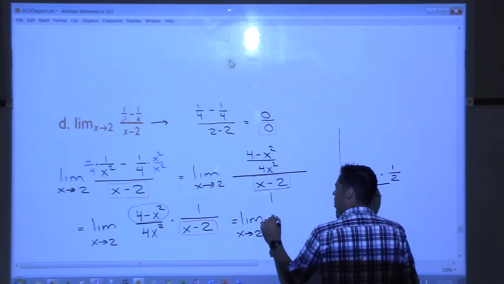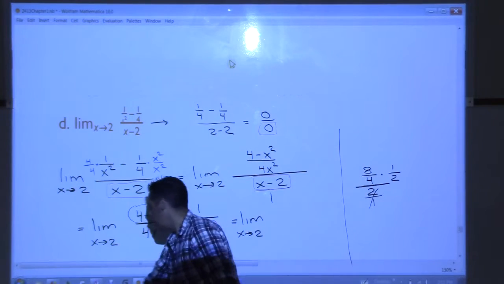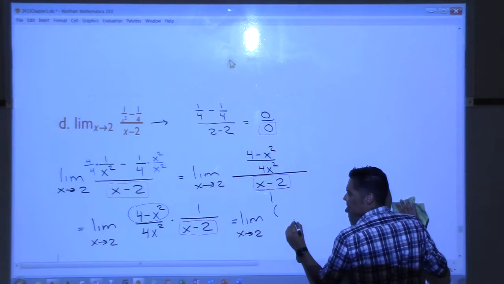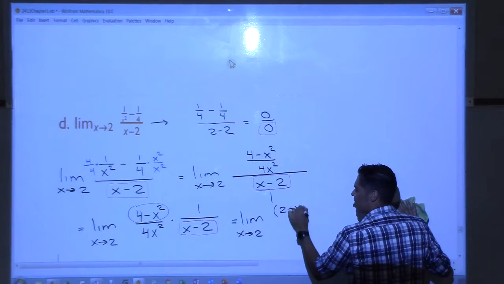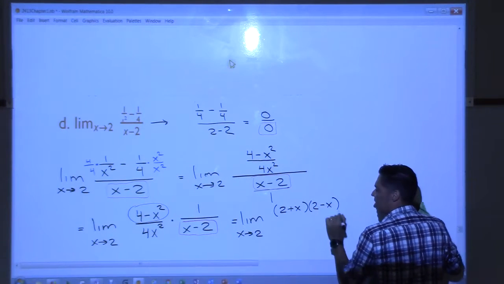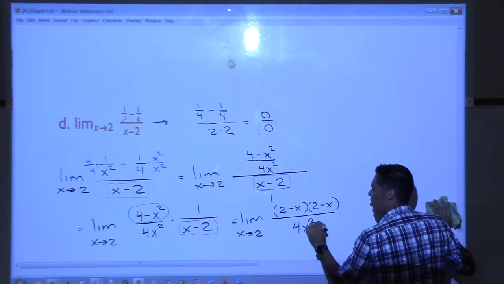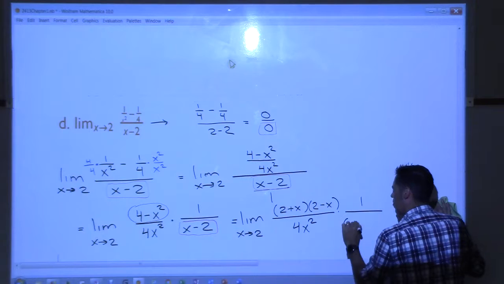What does 4 minus x squared factor to be? It's 2 plus x, 2 minus x, right? That's the correct factorization, all over 4x squared times 1 over x minus 2.